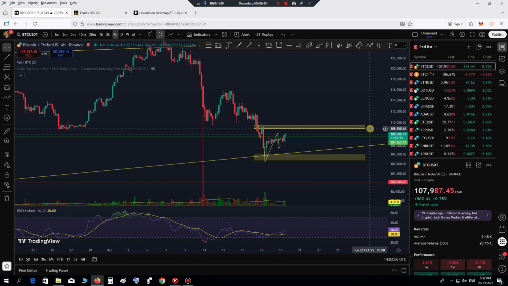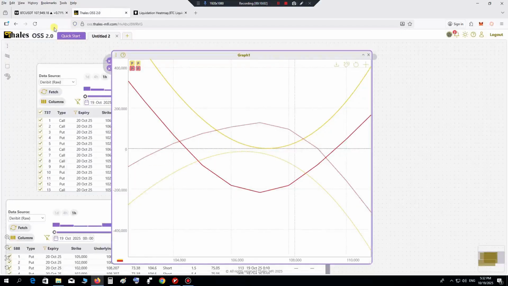The upper zone is from 108,950 to about 109,650. And the middle zone, which is actually just a line, not really a zone, is the maximum profit and loss for buyers and sellers, which is 107,000, the place where the price has spent a lot of time. So, you can see that our lower zone is the area of agreement and is in profit.